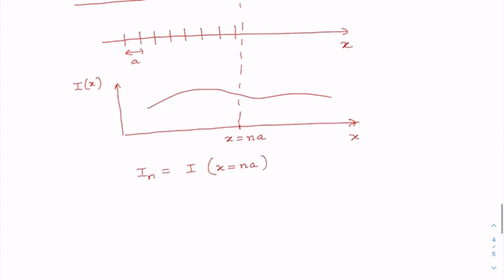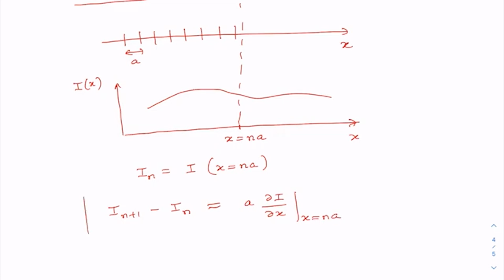So we can write the difference between the current at node n plus 1 and In at the nth node as nearly equal to the slope of the current at the position x equal to na. I think you are getting the idea here.